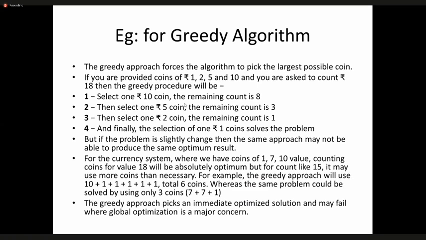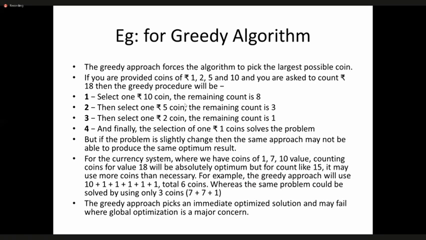But to count a value like 50, it may use more coins than the required ones. Right? As an example, if only coins of the values 1, 7 and 10 are provided, to get the 15, you have to select one $10 coin and 5 $1 coins. Then the total coins become 6. Then the same problem could be solved using only 3 coins, 7 plus 7 plus 1.